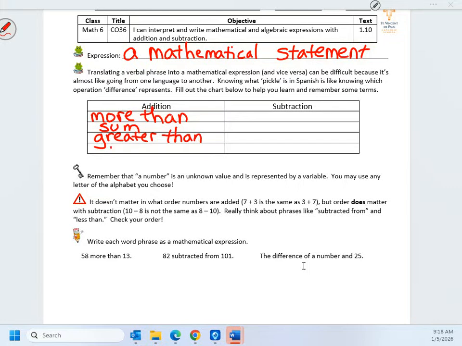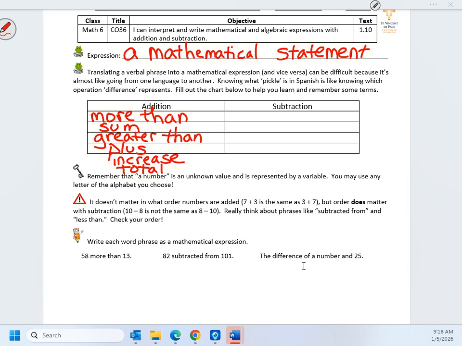Plus. Plus. One more word I'm looking for, Jack. Increase. We could say increase. We can also say the total. When we want to find the total of something, we are adding them together.